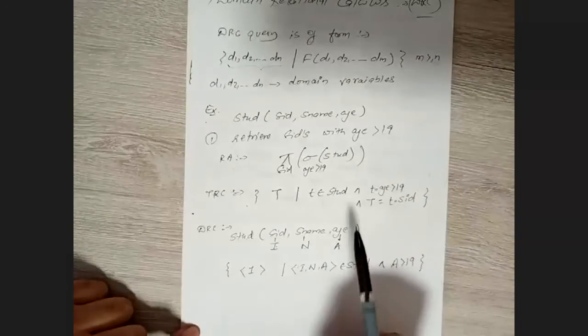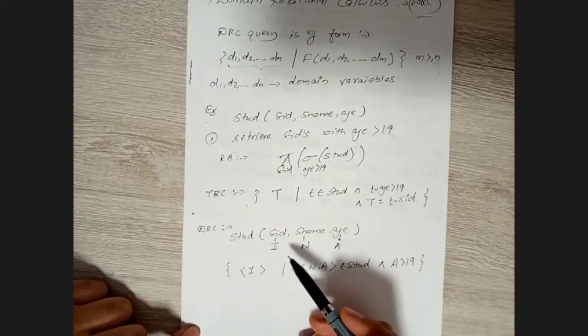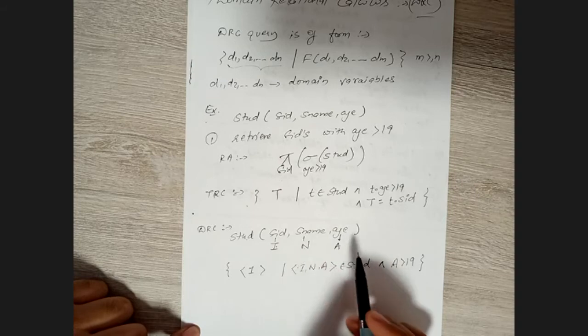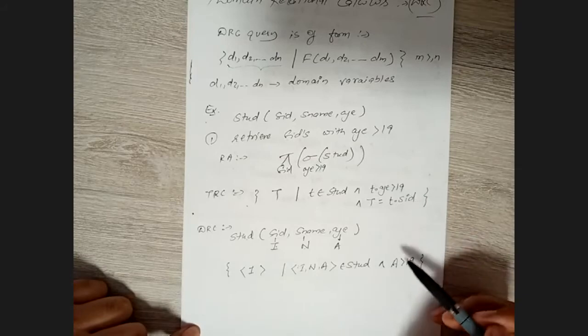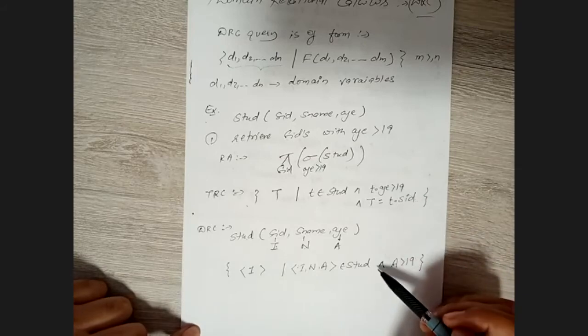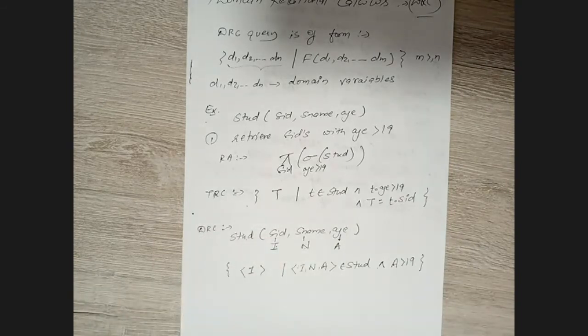It's very similar to TRC. The only change is that we are using new attribute names, and then following a similar procedure for writing DRC. It's very familiar. I hope you have understood.